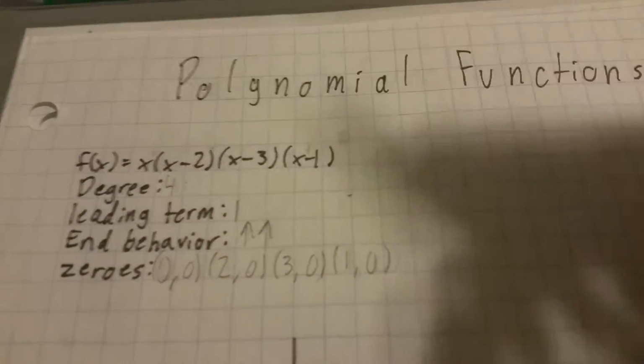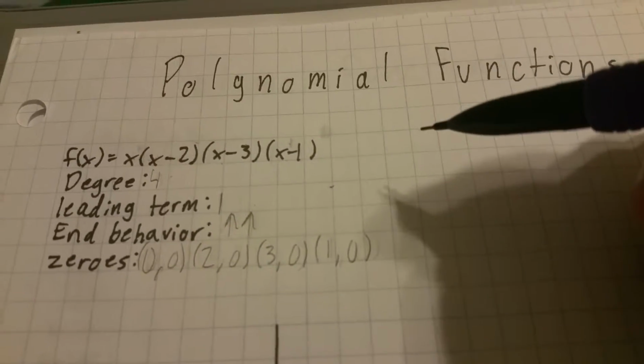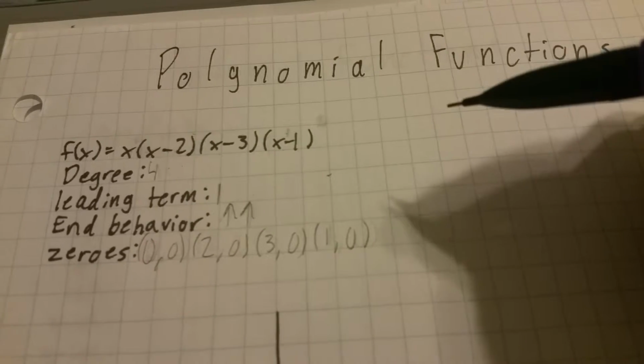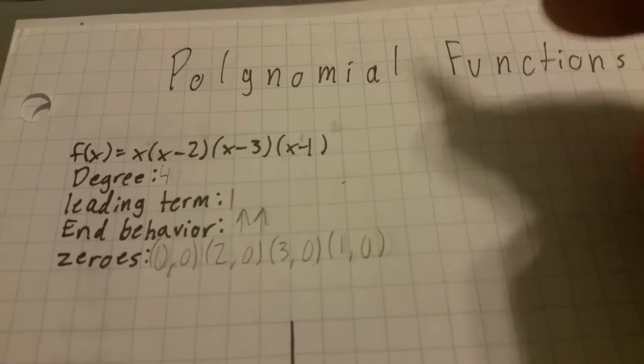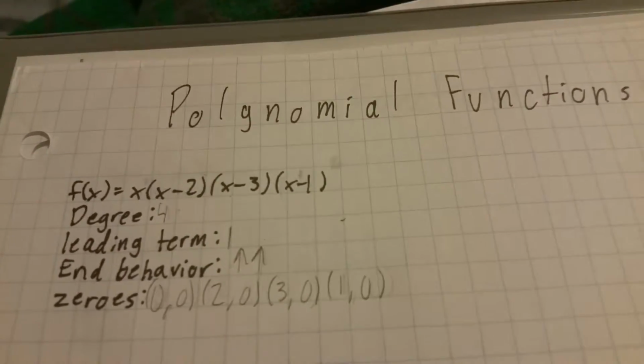If it's 1, it just crosses with nothing special. If it's even, it's referred to as tangent, but the way you show it is that it bounces off, sort of makes a curve.